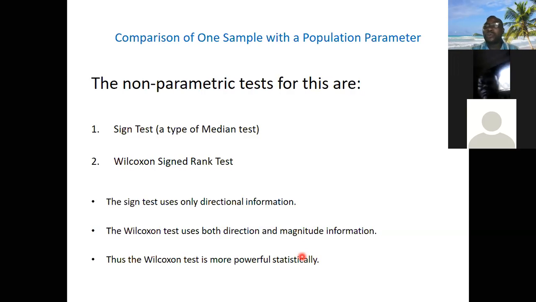Because when you remove one group of observations from the other, those values that are higher will give you a negative sign, and the values that are lower will give you positive. So that is what we call directional here. The logic is to know how many have negative, how many have positive. The Wilcoxon will still add them together, but the sign test doesn't do that. It just looks at the direction.